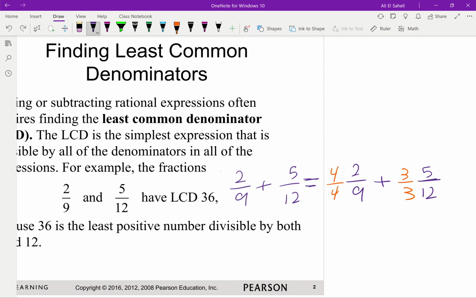But now what we have is, remember we learned how to multiply rational expressions. So 4 times 2 is 8, 4 times 9 is 36, plus 3 times 5 is 15, and 3 times 12 is 36. So now we have the same denominator.